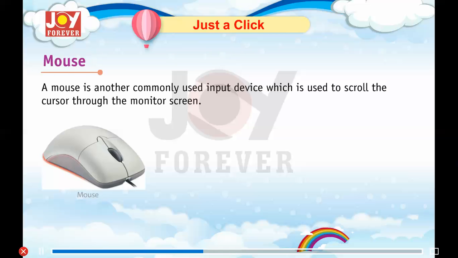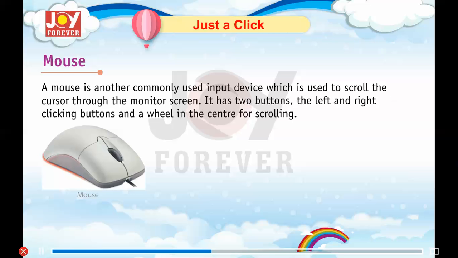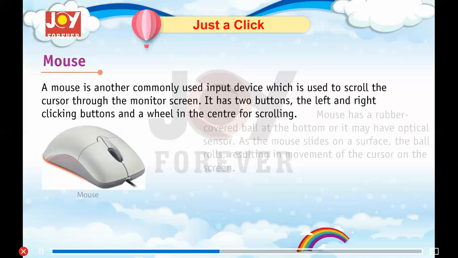Mouse. A mouse is another commonly used input device which is used to scroll the cursor through the monitor screen. It has two buttons, the left and right clicking buttons, and a wheel in the center for scrolling.